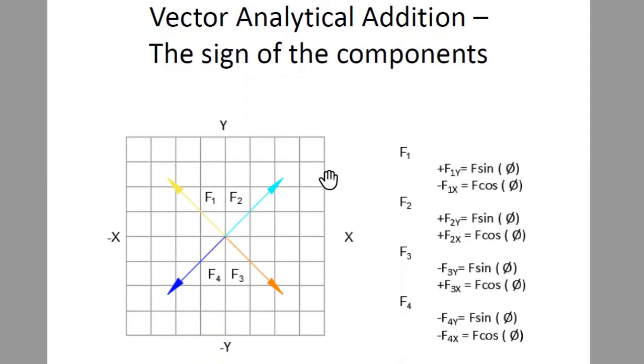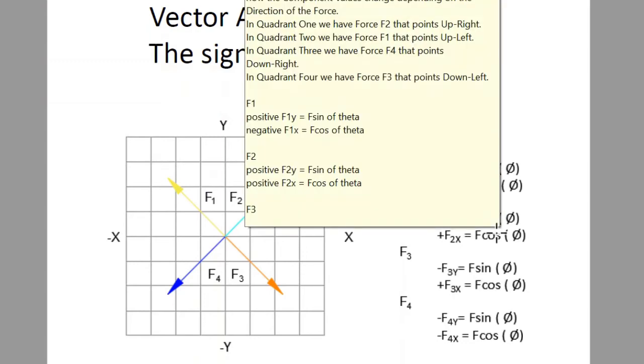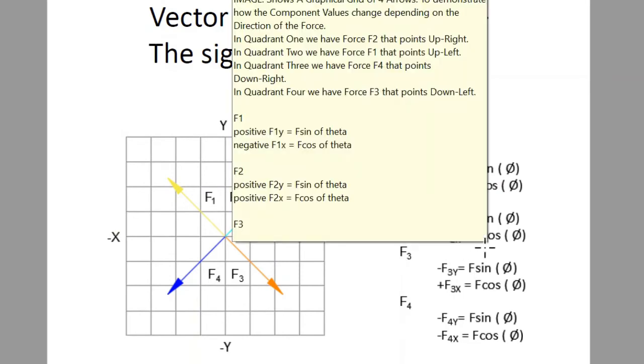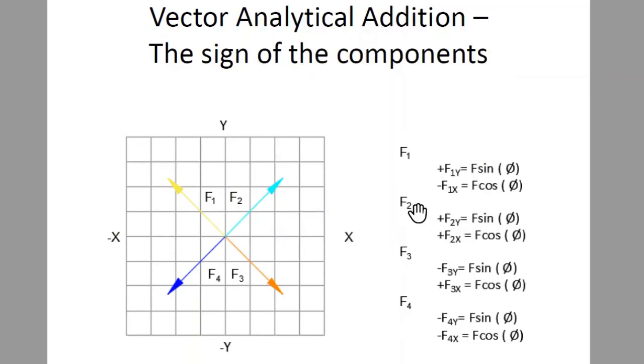Now looking at F2 in quadrant 1, we see that F2y can be found with F times the sine of theta, and F2x can be found with F times the cosine of theta. Both of these signs would be positive. Again, if we start here at 0, moving up or to the right, both our Fy and our Fx would be positive.